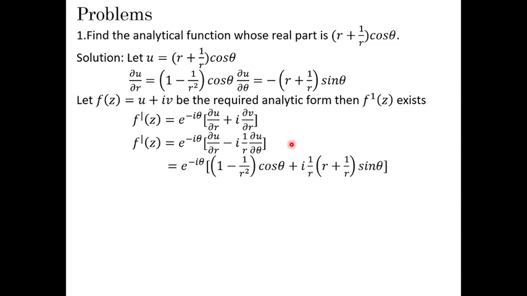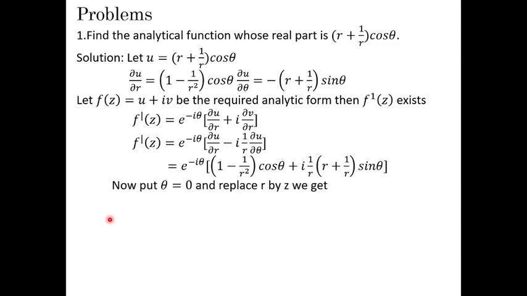Now substitute the dou u by dou r value and dou u by dou theta value. What is dou u by dou r? 1 minus 1 by r square cos theta plus I into 1 by r, because here also minus becomes plus, r plus 1 by r sin theta. Now apply the Milne-Thomson method. Put r is equal to z and theta is equal to 0 in the above equation.